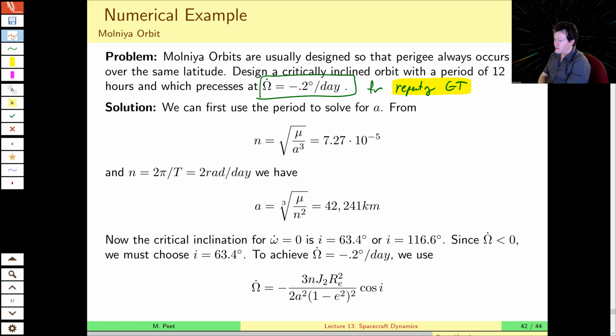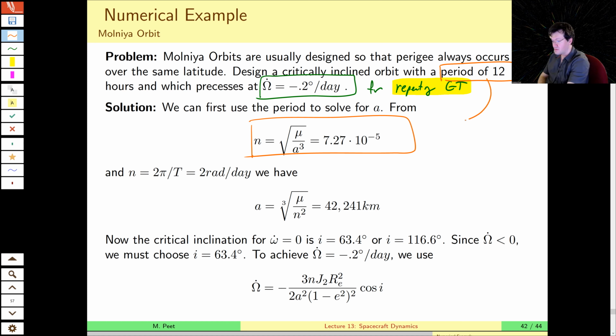Let's see, what do we got? Yes. So, we've got the period, right? Period of the orbit, which is 12 hours. Obviously, we can use that to solve for mean motion, mu over a cubed.